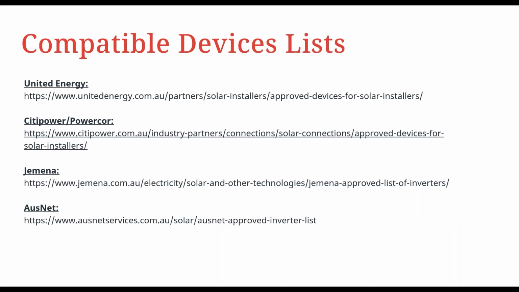The compatible device lists, which Fronius is on, so all of our inverters, the SnapINverters, Gen24 and Tauro, are all on these lists. I can send these through later. You've got a United Energy list, a Citipower and Powercor combined list, Jemena, and then an Ausnet one. That gives you a list of all the approved products.